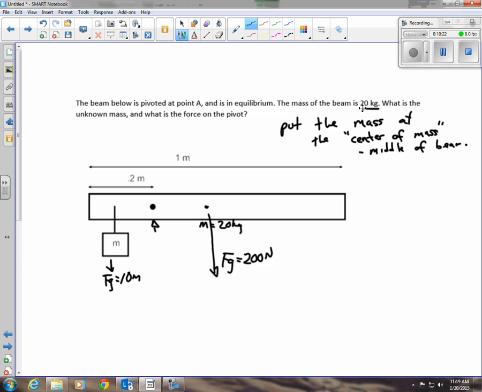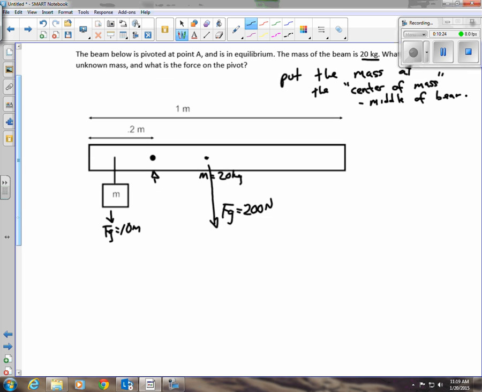So now I can go about finding the force. I'm going to find the torque due to this guy. Torque equals F r sine theta. Force is 100. Now r is the distance from the pivot, so I have to be a little bit careful. I just said I put this in the middle of the beam. The whole beam is 1 meter, so this distance is 0.5 meters.